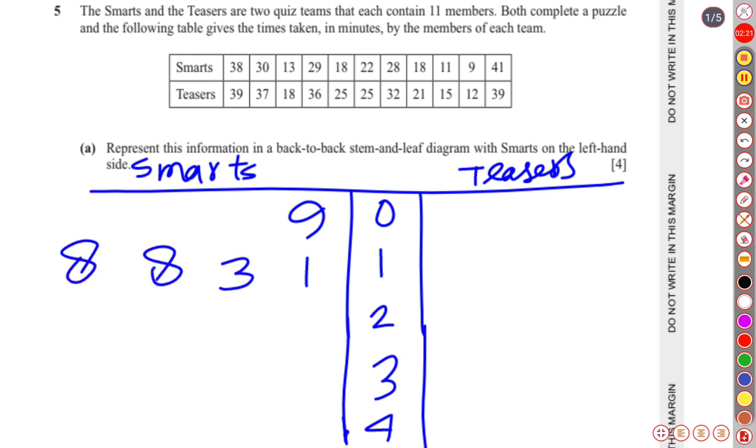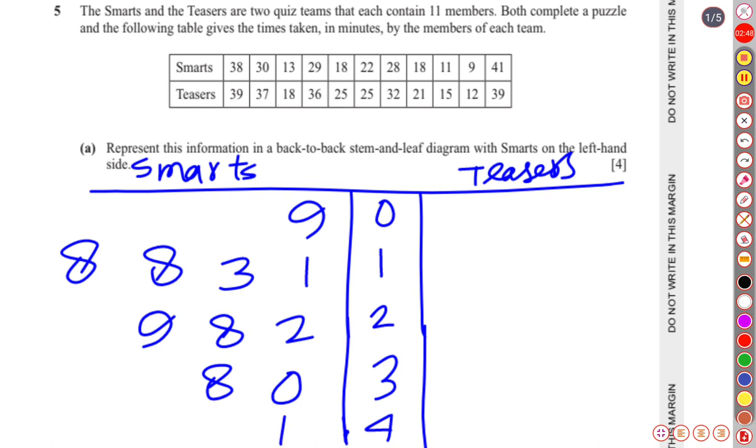Then after 2 there are 22, 28, 29, so 2, 8, 9. Then beside 3 there will be 30 and 38. After that, after 4 there is only 1, the maximum value.